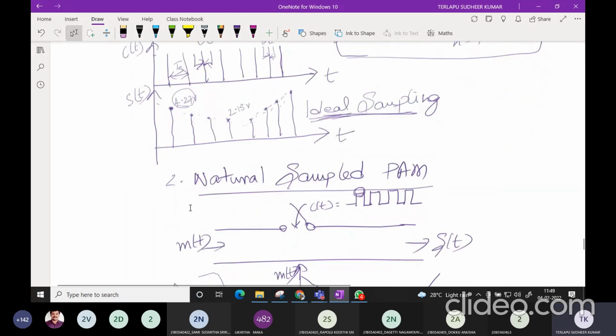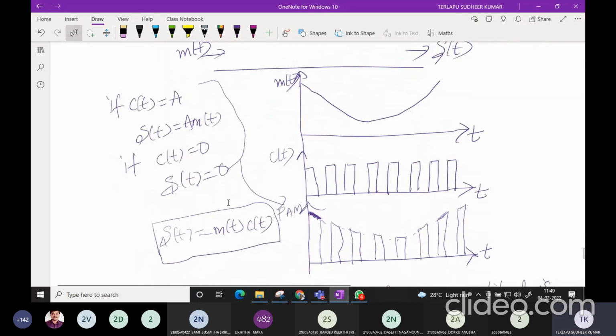Whereas C of t is changed here in naturally sampled PAM: I have a fixed pulse width of tau, let us suppose. During the tau duration, when I multiply C of t with M of t, I get this pulse amplitude modulated signal, something like this.